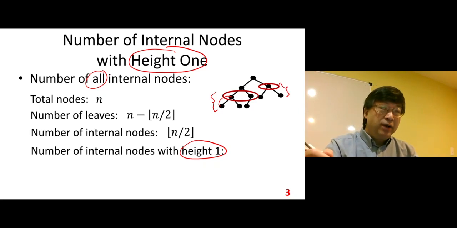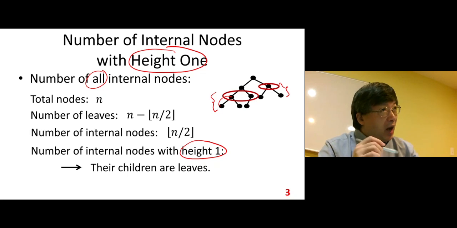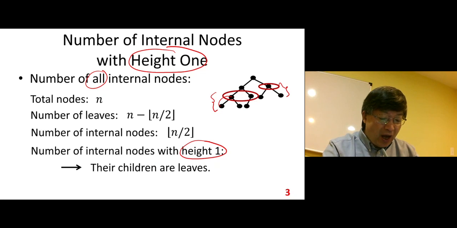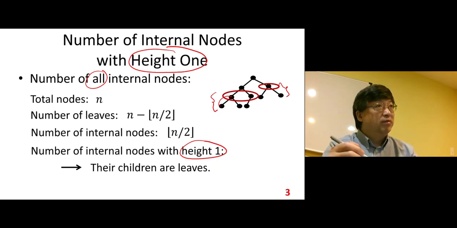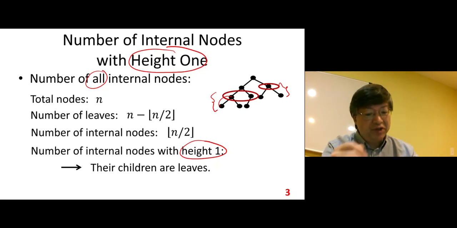But for a general heap, how do we use a formula to represent the number of nodes with height 1? How do we describe those nodes? Their children are leaves. We use this statement: their children are leaves. How many nodes satisfy this condition?